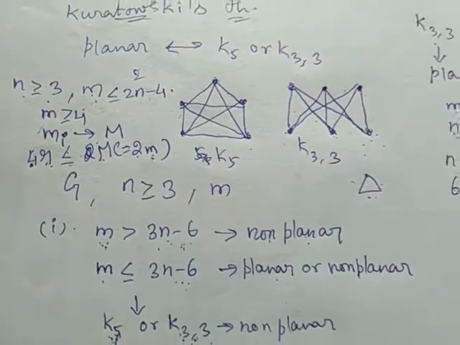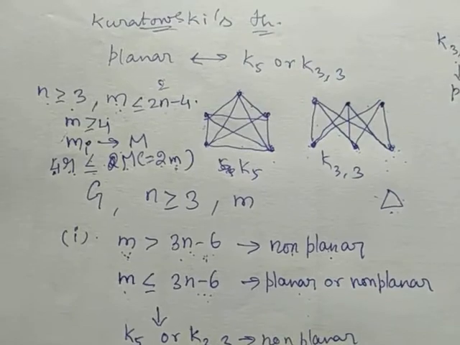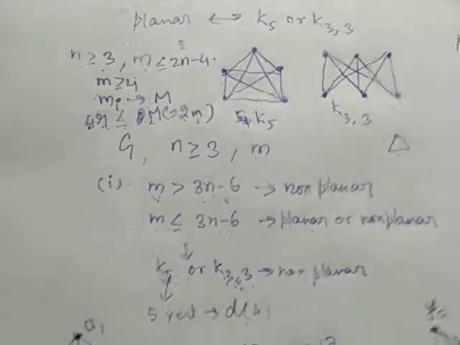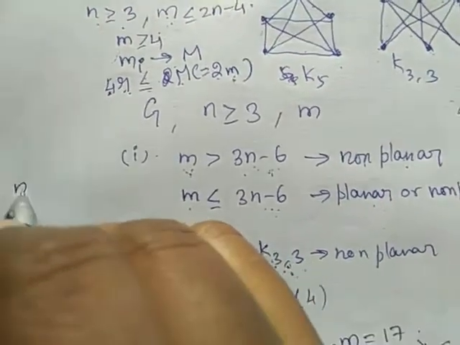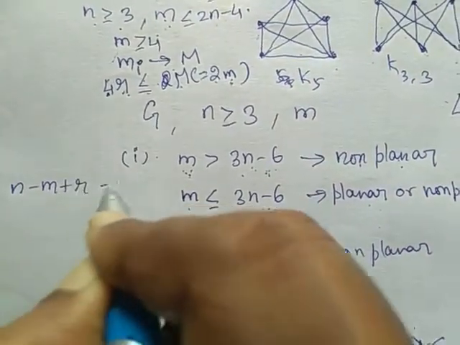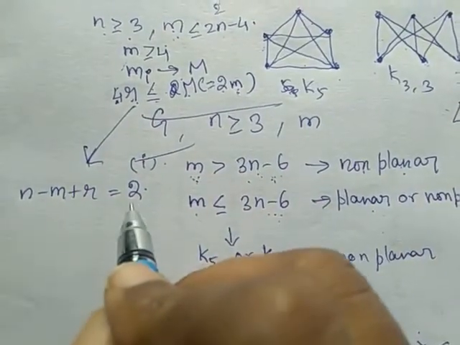This implies from Euler's identity we have n minus m plus r equal to 2. So from this I am writing n minus m plus r equal to 2.